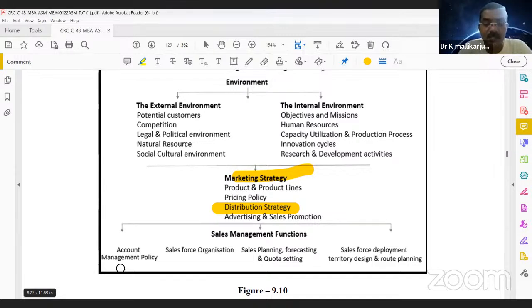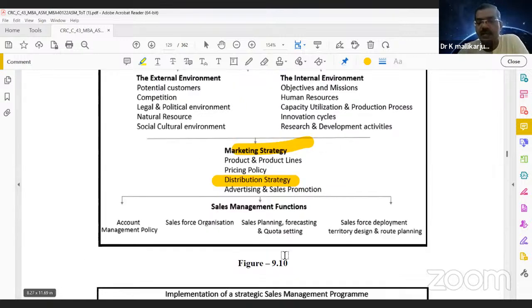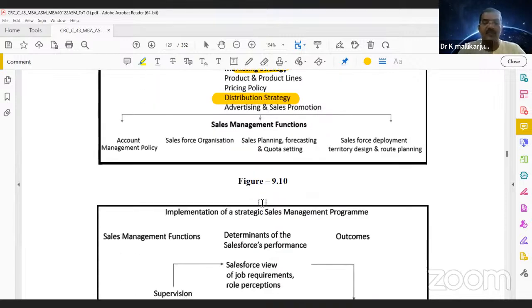These people decide the company sales, and companies are adopting new technology, selecting new employees, and giving proper training to the employees, and sales planning, forecasting, quota setting are required, and sales force department, territory design, route plan. All are also most important in sales management functions.